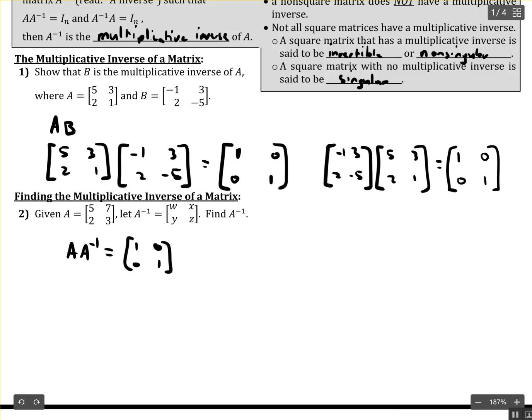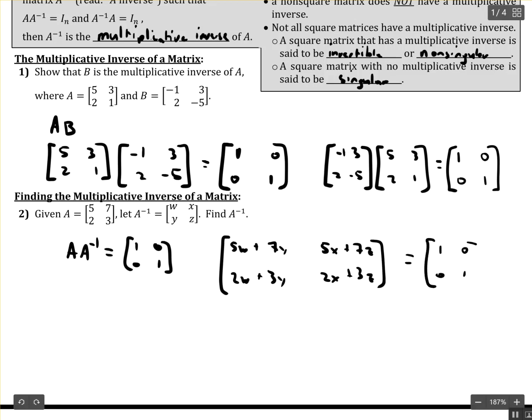So I'm going to have 5W plus 7Y, then 5X plus 7Z, then 2W plus 3Y, and then 2X plus 3Z. Let's just multiply them together, and I know that has to equal 1, 0, 0, 1.